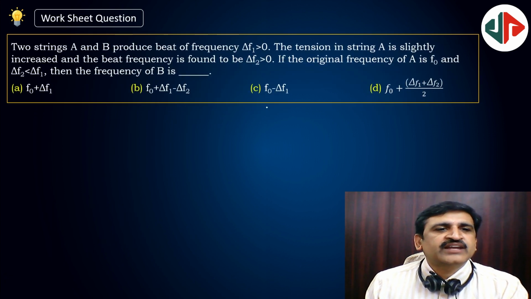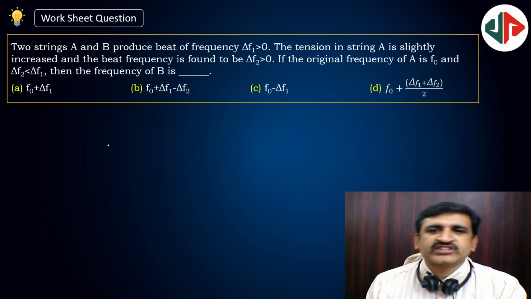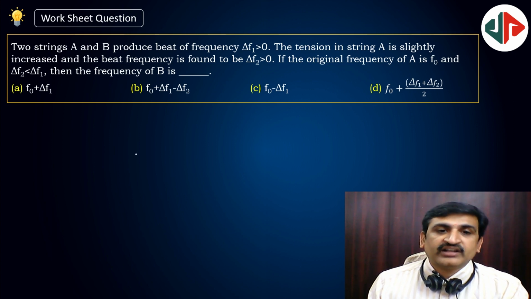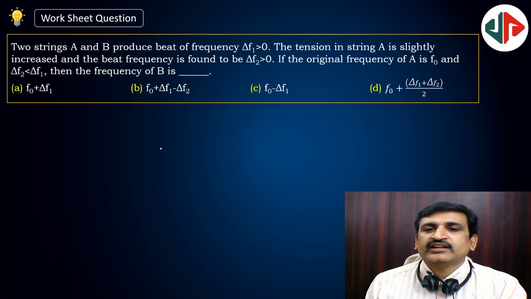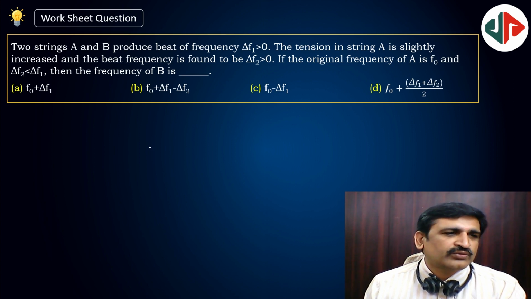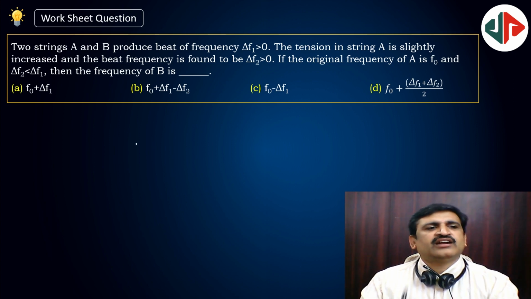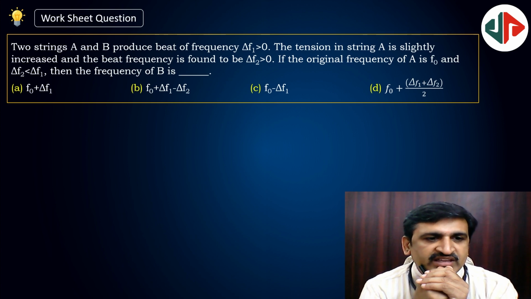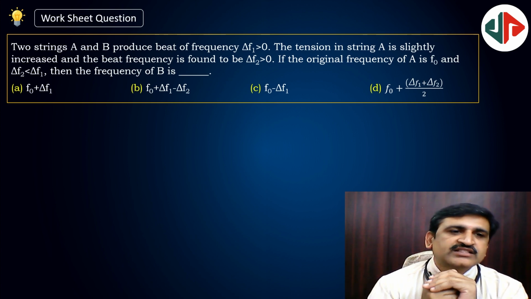Two strings A and B produce beats of frequency delta F1 greater than 0, and the tension in string A is slightly increased and the beat frequency is found to be delta F2. The original frequency of A is F0 and delta F2 is less than delta F1. Then the frequency of B is, it's possible.